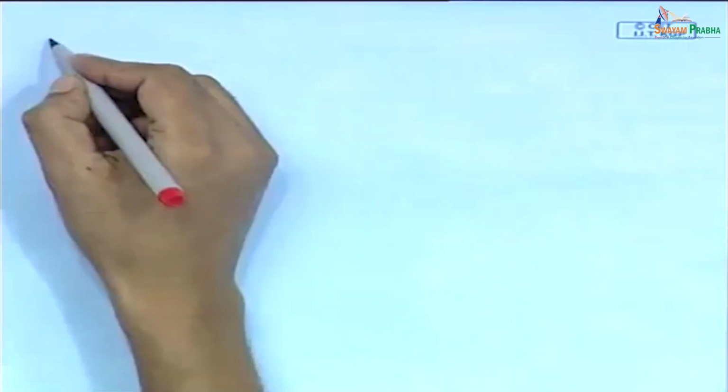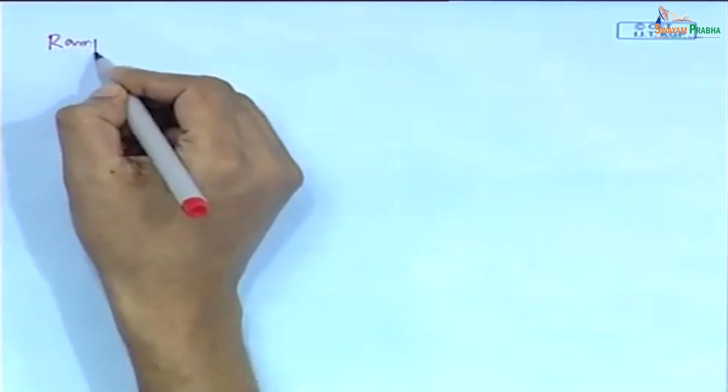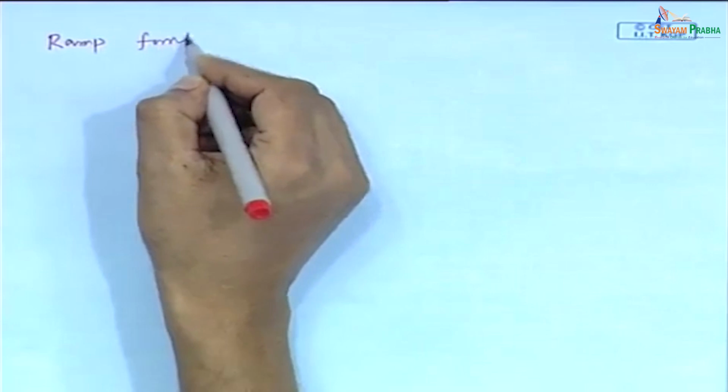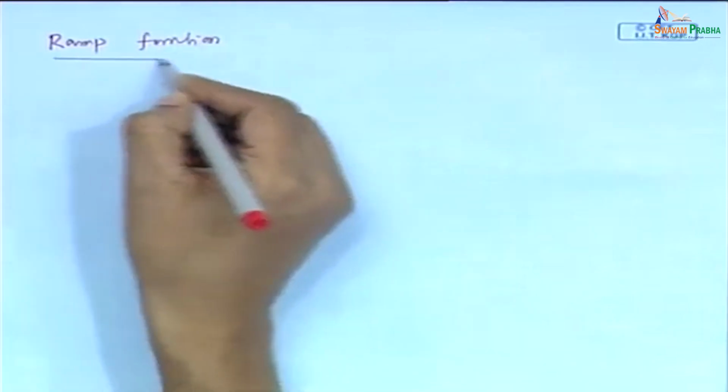This is the example of an impulse function. Another input function that is also used in process control is the ramp function.